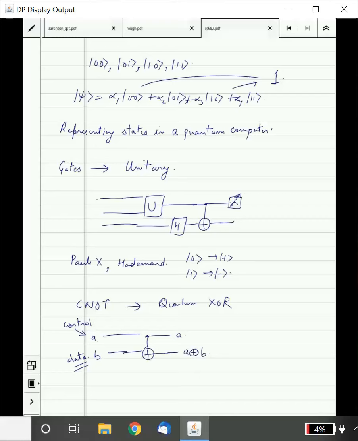In other words, flip if the control qubit is 1. This was the gate. These gates will occur again and again in our discussion of quantum computing. These are the basic gates. You should make sure that you understand these.